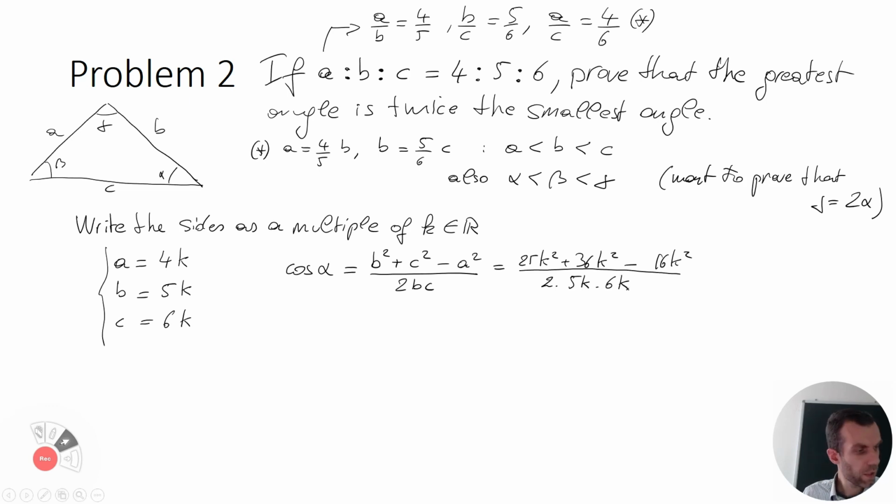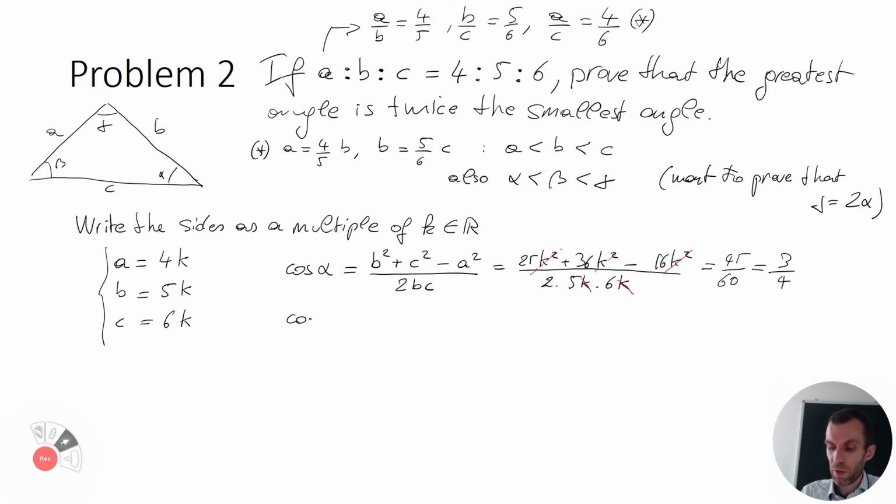This is already a nice result because I have a k squared in the numerator and k times k in the denominator, so they all drop out against one another. So I can cancel this, cancel this, cancel this. And then if I simplify the fraction a little bit, I get 45 divided by 60, and that's equal to 3 over 4.